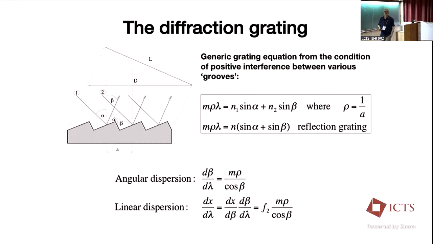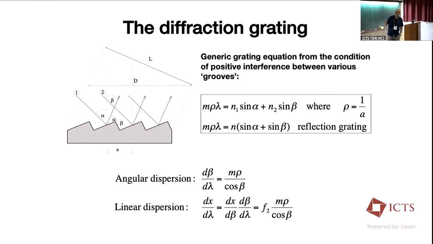How does a grating work? That's the grating equation. Every time the optical path of beam 1 and beam 2 and beam 3 differ by a multiple of the wavelength, I get constructive interference. Now the path length between 1 and 2 and 3 depends on the wavelength and on the output angle beta.